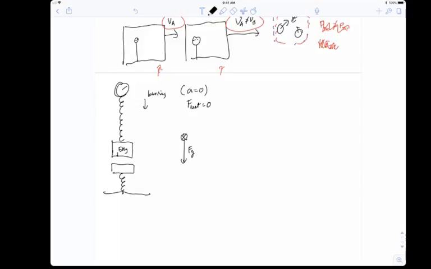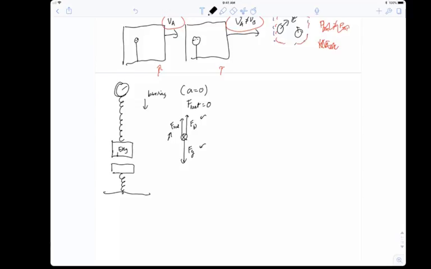I'll call it the scale, F scale, and then there's the normal force from the spring. Call it Fn. Okay? So these three forces are in balance. And we're asking questions where we're given some indication of how strong these forces must be, and then we're asked about the other ones.